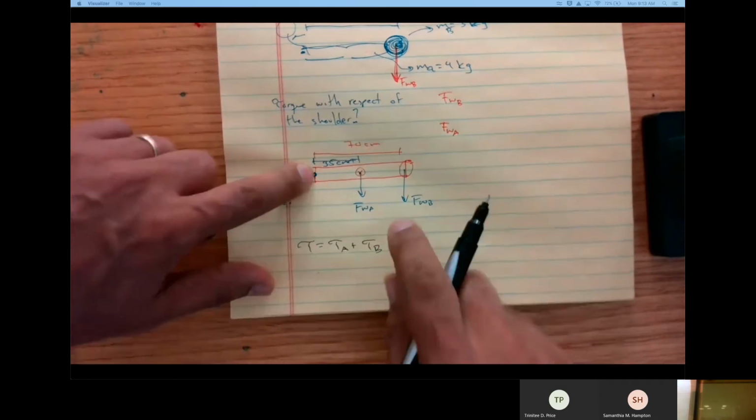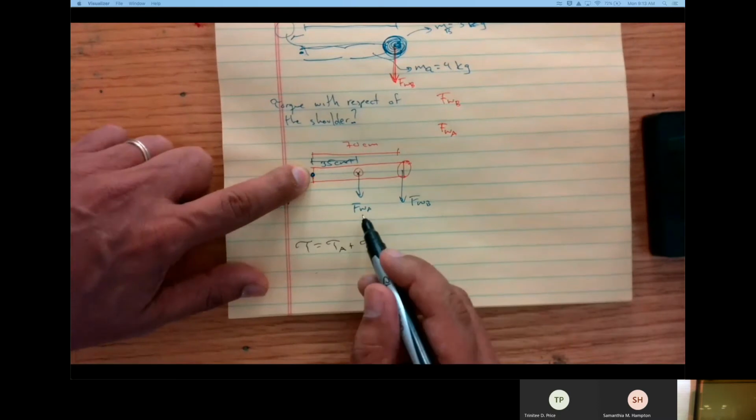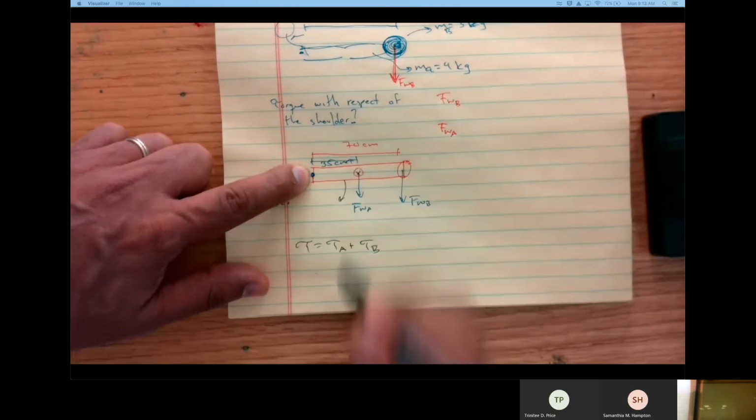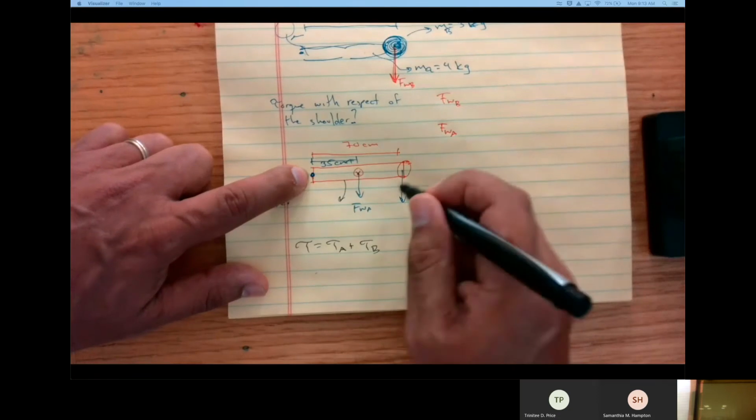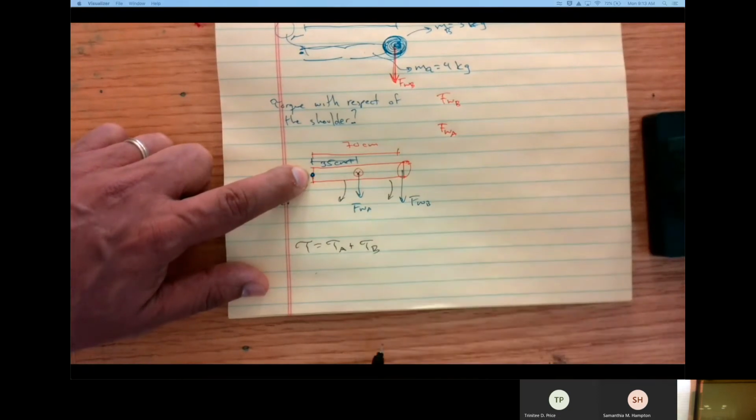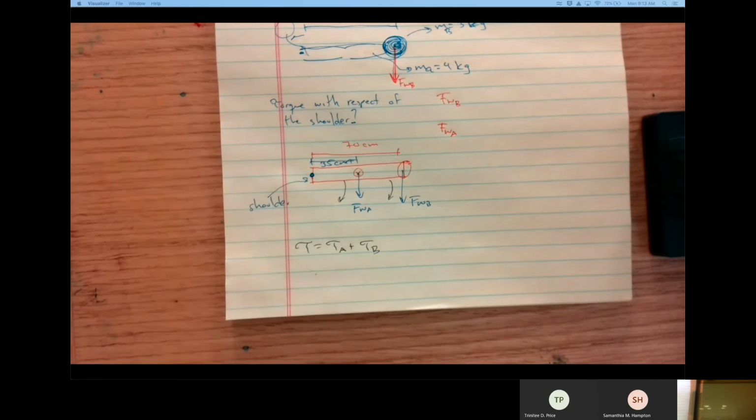The weight of the arm is going to try to rotate my arm clockwise, and the weight of the ball is also going to try to rotate my arm clockwise. So both of them create a negative torque. So we're going to end up with a negative torque at the end. So try to calculate the torque really quick.